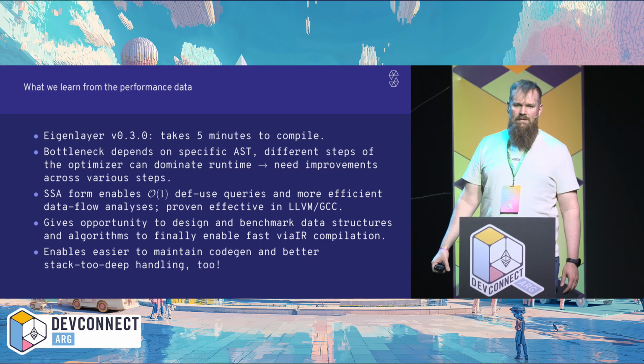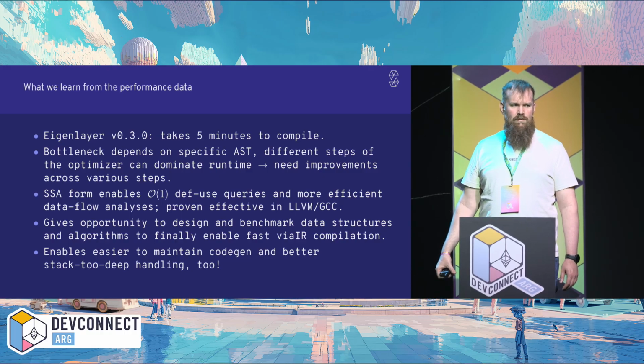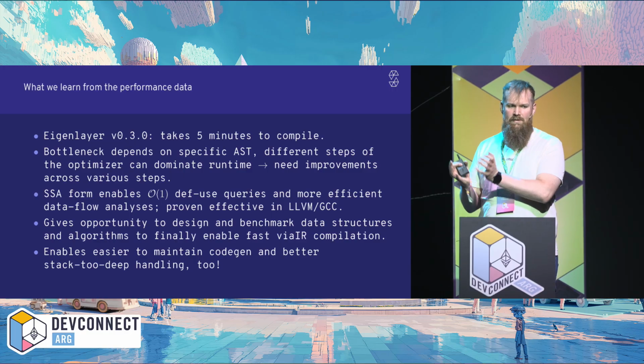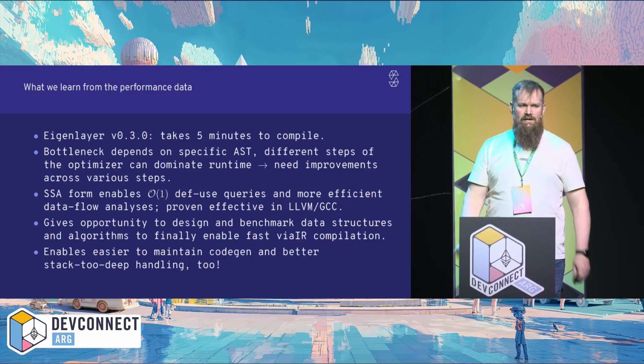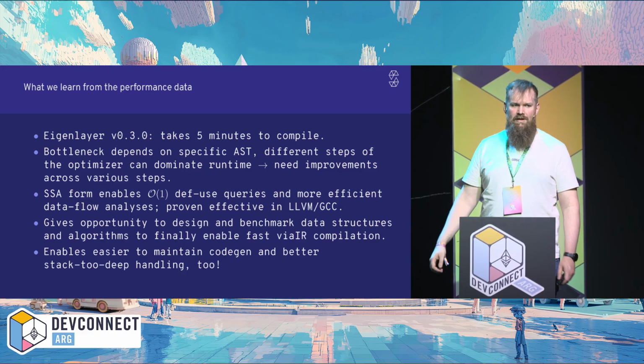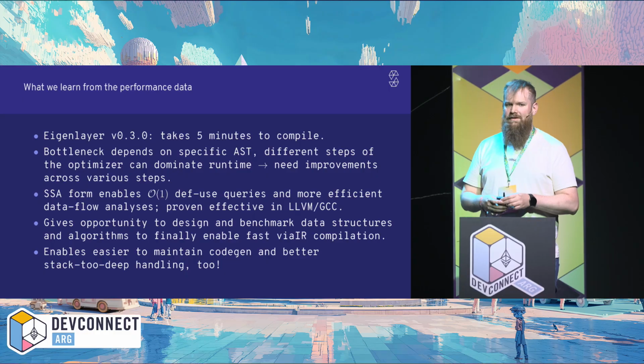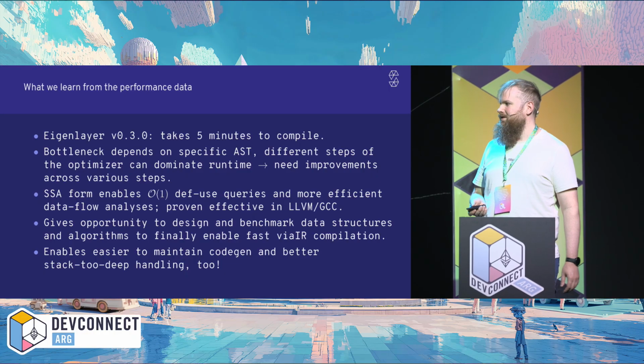At the same time, going to this new IR backend, we have the opportunity to rework and carefully profile a lot of the existing optimizer steps and reframe them in this new IR. So we plan to slowly bring over the current Yul optimizer into the SSA CFG form, and then based on that, really get performance boosts.